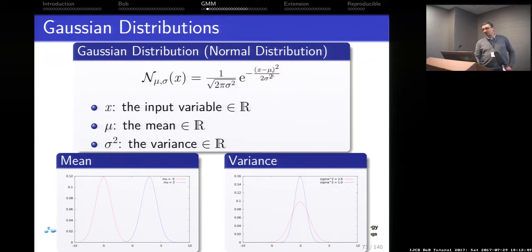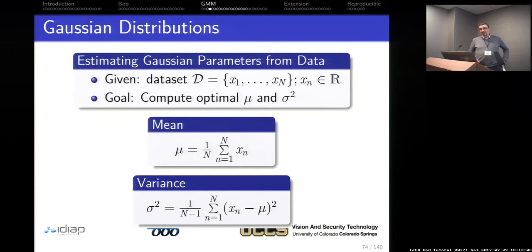And you compute the probability that point X was generated by this Gaussian by this function, which probably everyone knows. And the parameters of the Gaussian, like mu and sigma, for a single Gaussian, are relatively easy to estimate. Given a data set, you compute just the average and the standard deviation.